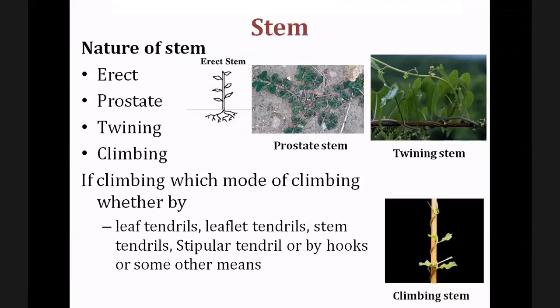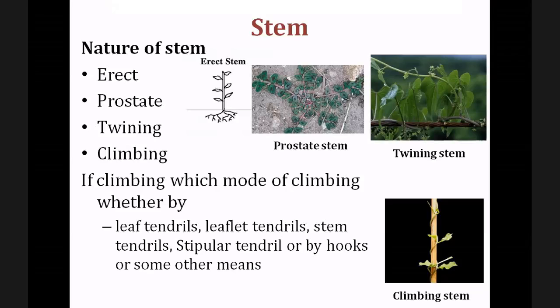It climbs the support by using tendrils. Some thread-like structures form in plants; we call them tendrils. By using tendrils, spines, or adventitious roots, they can climb the support.